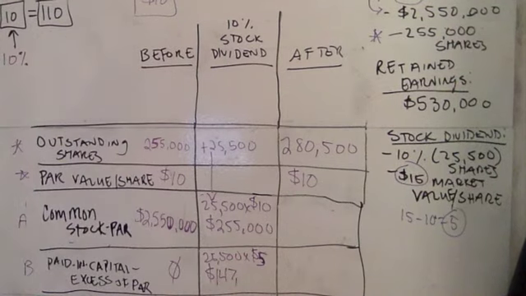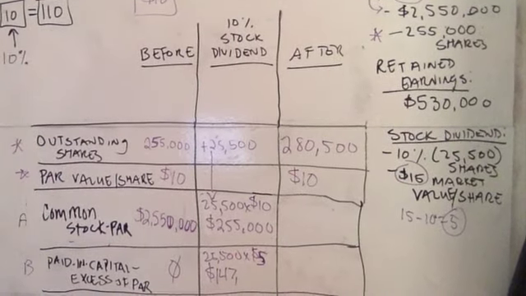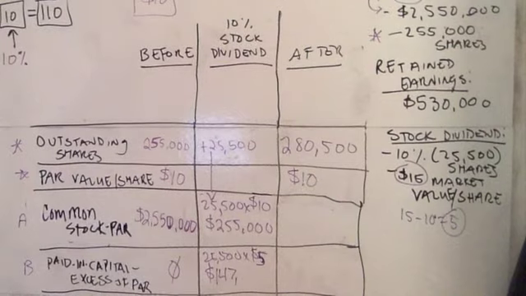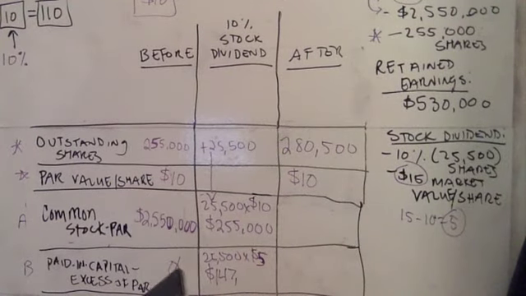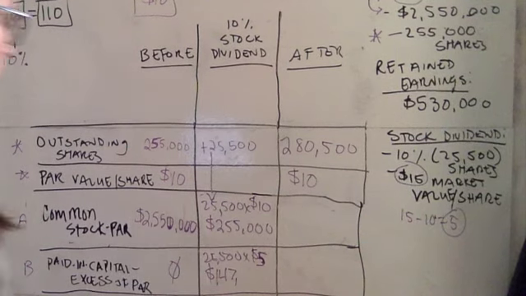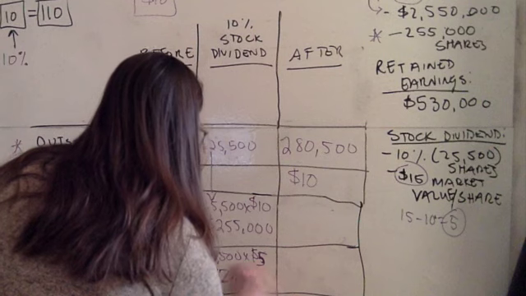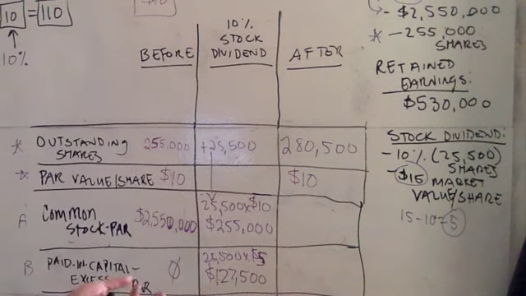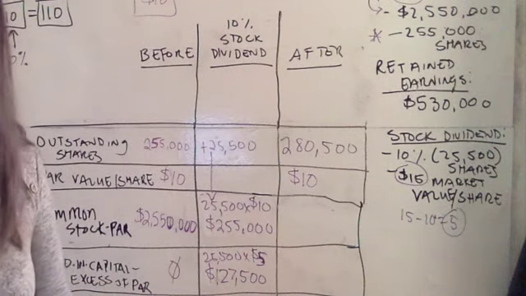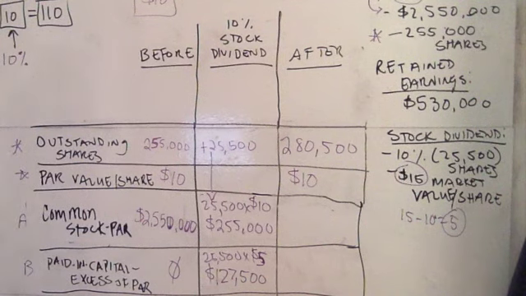I think it's 200. I'm going to do the math right now. You won't have to pause because you can wait for me doing the math. 25,500 times 5, 127,500. You can see I just did the math there. I want you to do the math here. You're not going to learn this unless you do it yourself, okay?